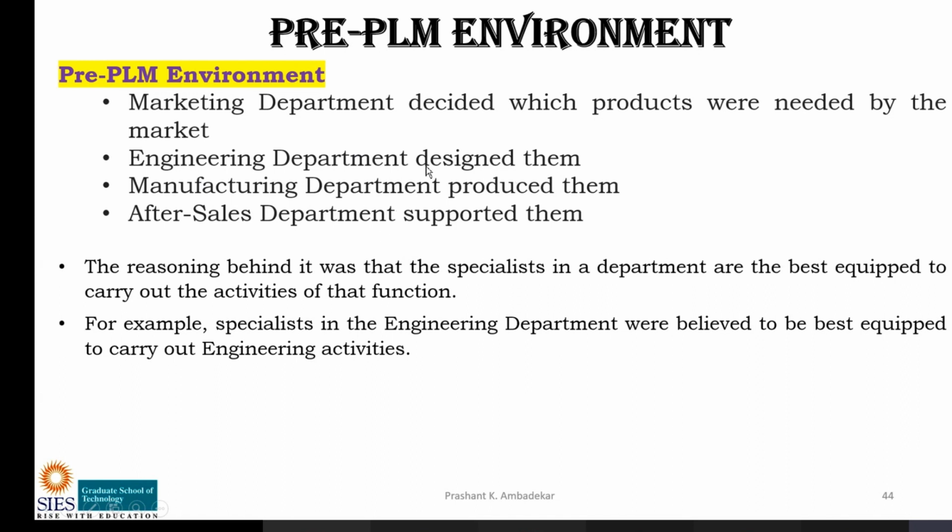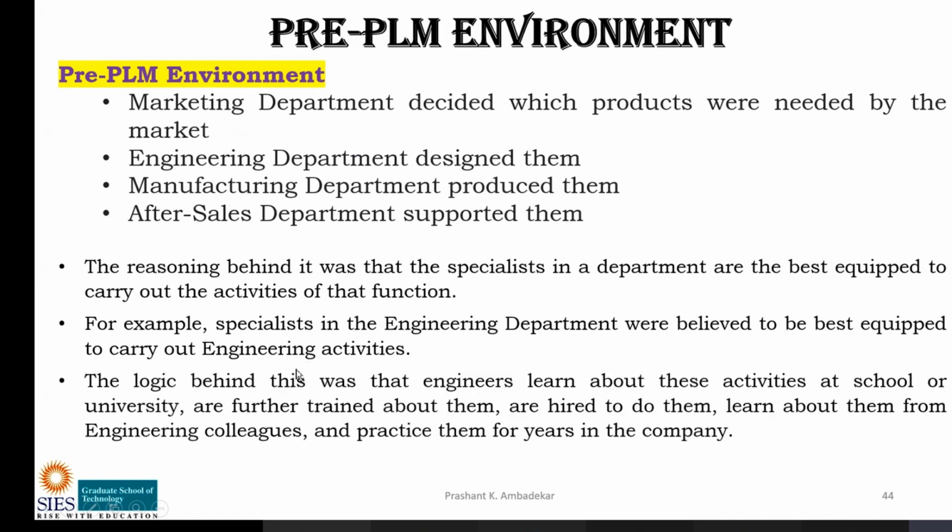So only the engineering department people were known to design the product properly. They would not take anyone else's suggestion in making the product. Okay, there was an ego-like thing. It is not clearly mentioned anywhere, but it was like that only.